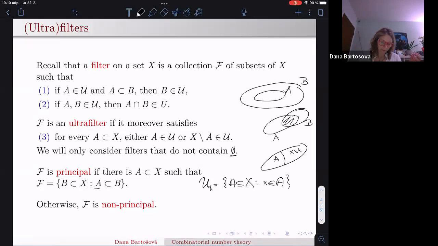And we have non-principal filters and ultrafilters where this is not the case. And we talked about how we can get non-principal ultrafilters out of the axiom of choice. And we will be talking about the axiom of choice, in particular its equivalent formulation, Zorn's lemma, today again. So we will see some further applications. Any questions, remarks?